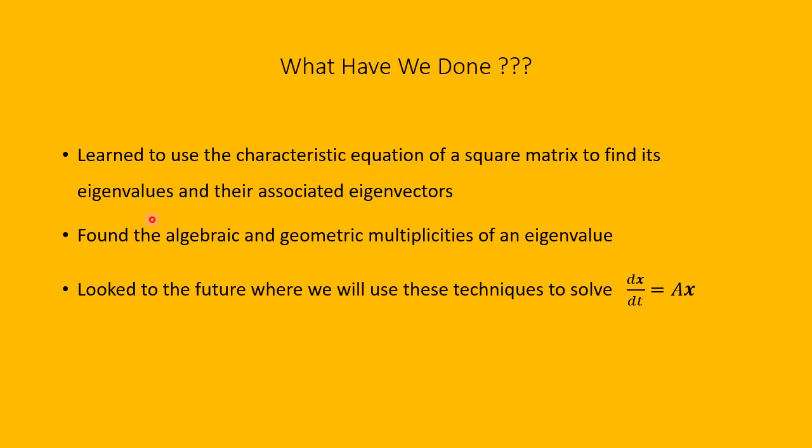We defined and found the algebraic and geometric multiplicities of an eigenvalue, and we looked to the future, that is, future lessons where we will use these techniques to solve this differential equation. The derivative of a vector x with respect to t equals matrix A times x. In this equation, we will think of x as being a vector function of t.